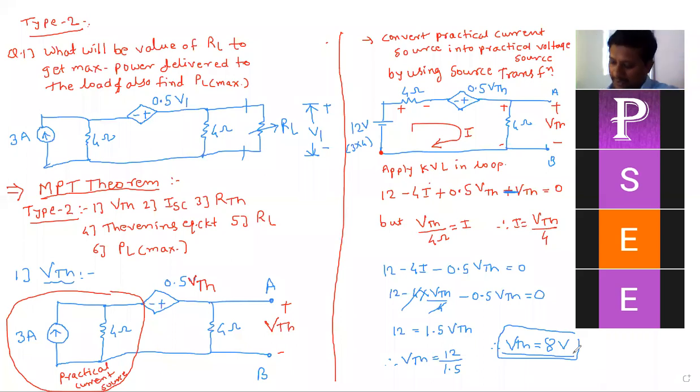Now the next point will be ISC. So it is very simple, ISC. So within 5 minutes we can cover this example.